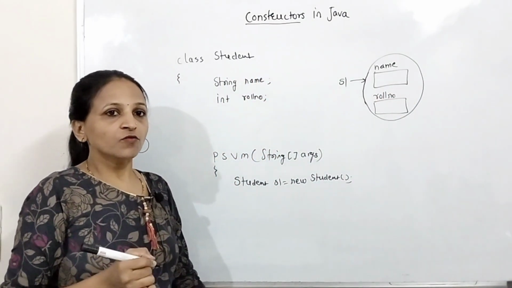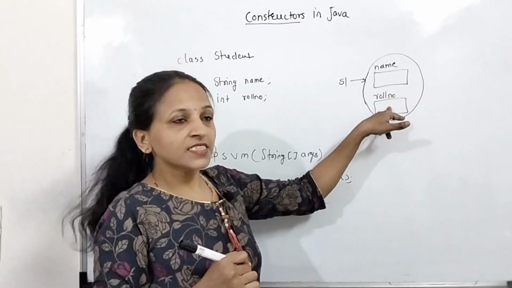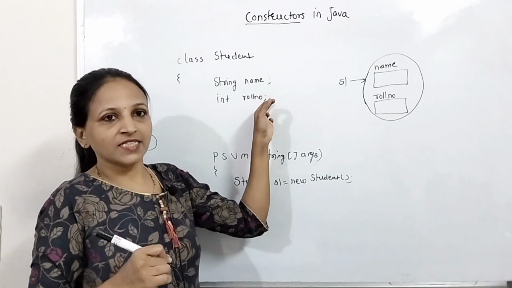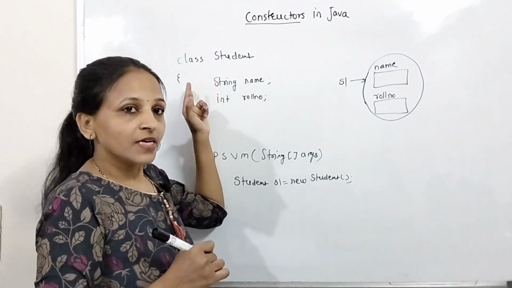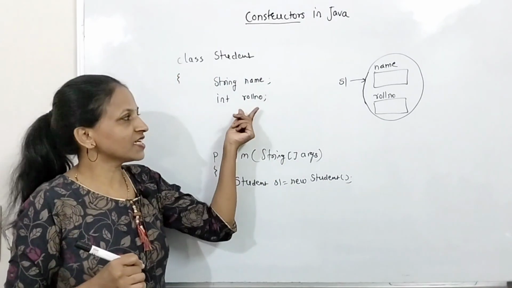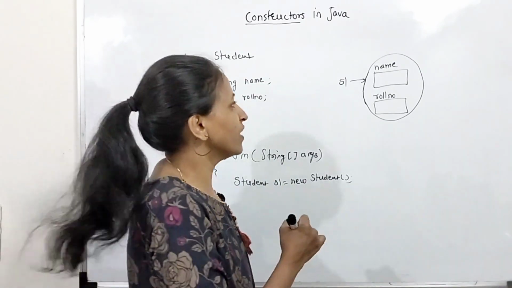Okay. Now, what are the values inside this name and roll number? Whenever any instance variable is of type string, its default value will be null. Whenever there is an integer variable, its initial value will be 0.